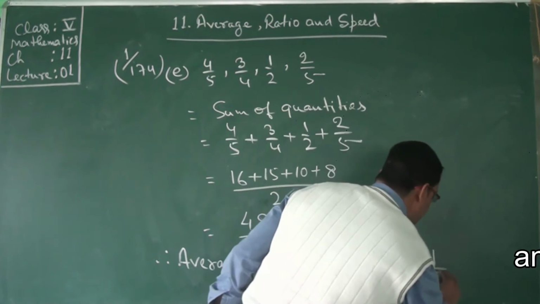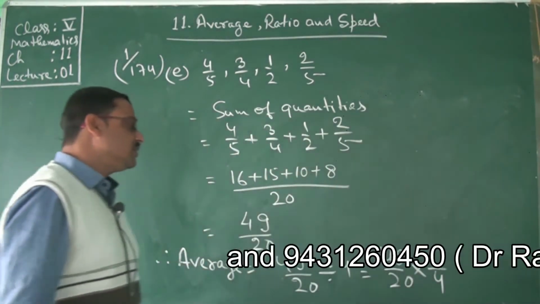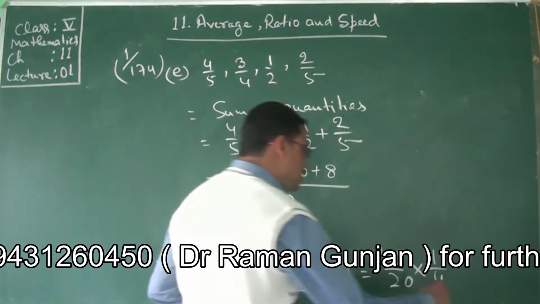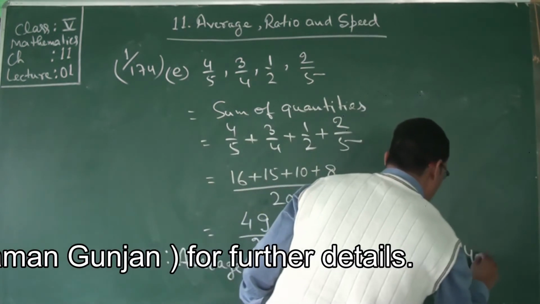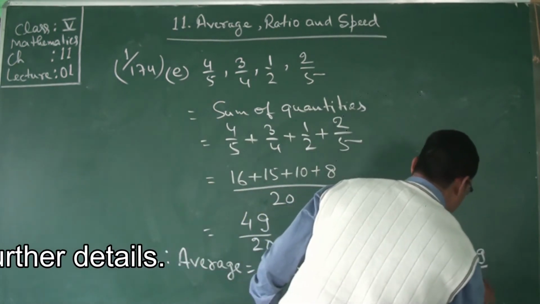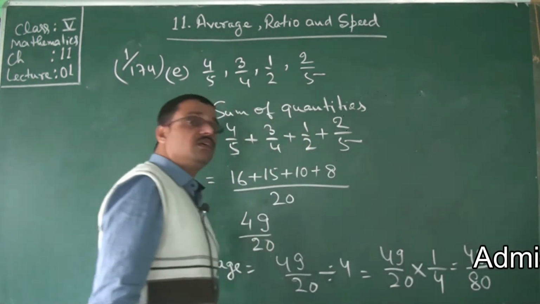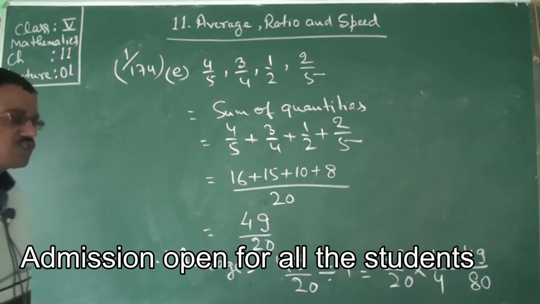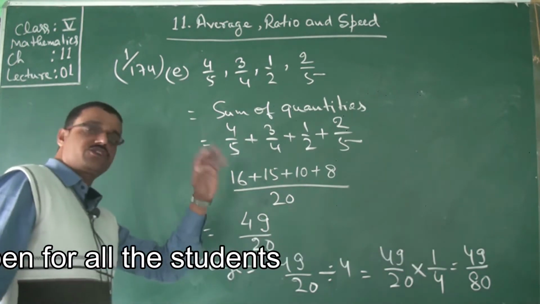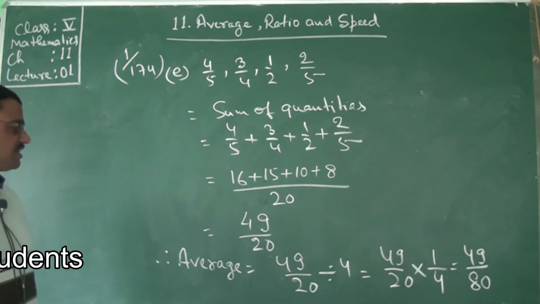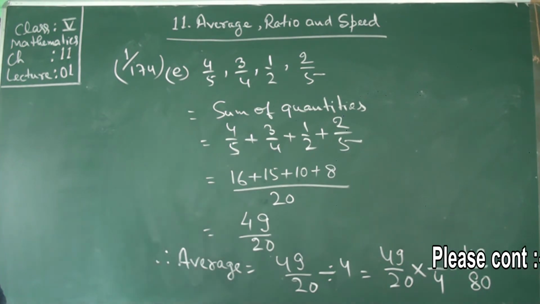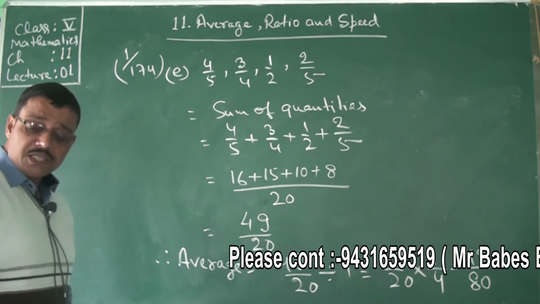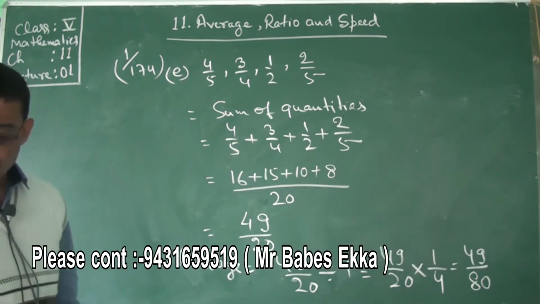We take the reciprocal and the average will be 49 by 80. If there is any term to be reduced to the lowest, you can reduce it. Here I don't think it can be reduced. In this way you will solve the remaining sums of one number.